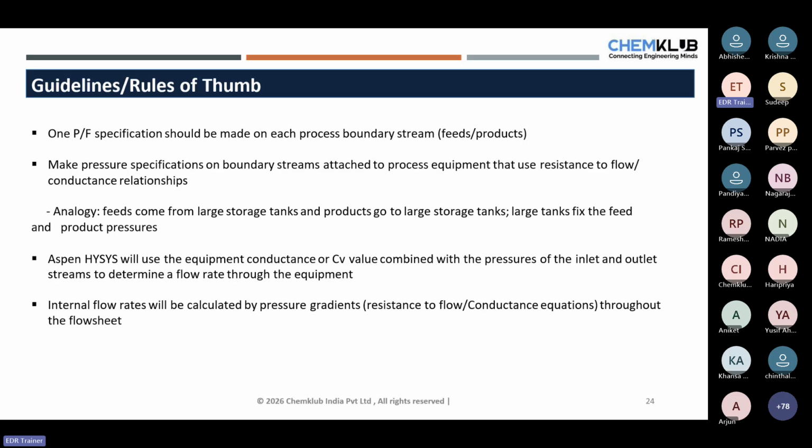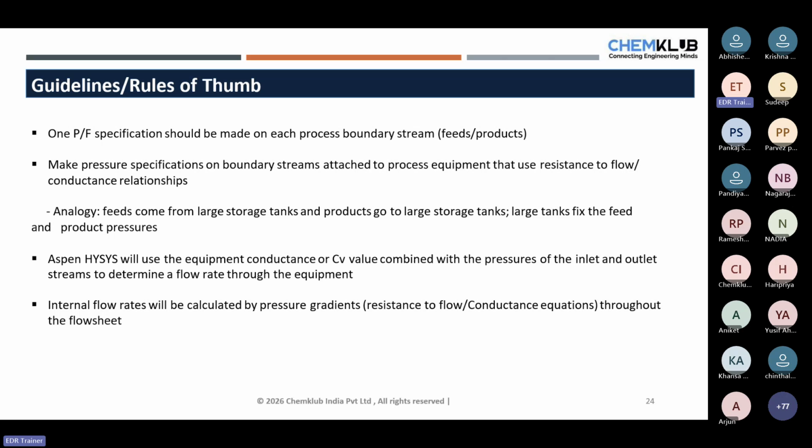Then rule number three, pressure specifications are generally preferred. Add valves near the separator and boundary streams. Rule number five is internal flow rate should be pressure driven. This philosophy mimics the real operating scenario. So these are the five golden rules which are mentioned here and should be followed as a general practice.